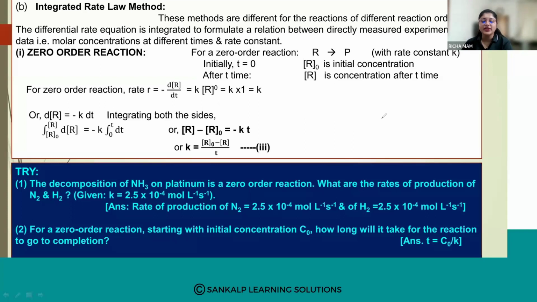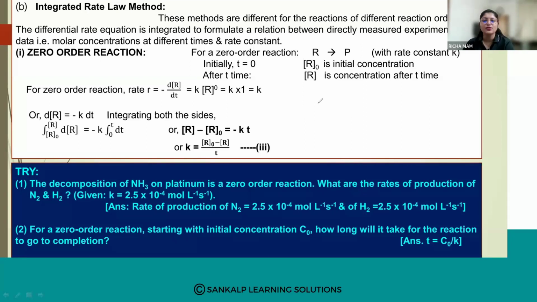Okay, so the rate of reaction of the reactant, or it can also be said that the rate of reaction is independent of the concentration. Such reactions are called zero order reactions. What can be an example?